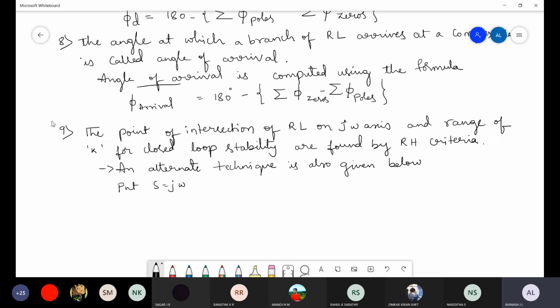Whatever in the characteristic equation s is there, you replace the s by j omega in the characteristic equation. Once you put s equal to j omega, very simple, separate out the real and imaginary parts, and equate them to 0.